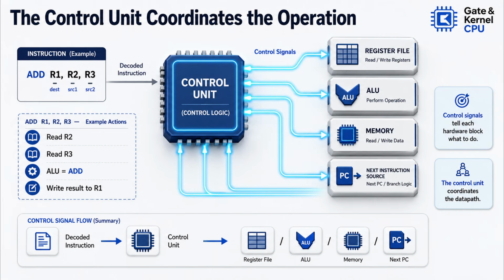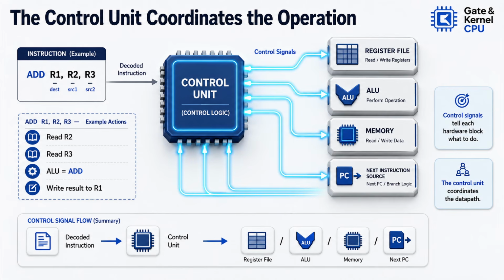6. The control unit coordinates the operation. The CPU does not simply send the entire instruction into the ALU. Instead, decoding generates control signals. These signals coordinate different parts of the processor. The control logic may decide which registers should be read, which ALU operation should be performed, whether memory should be accessed, whether a result should be written to a register, and where the next instruction should come from.